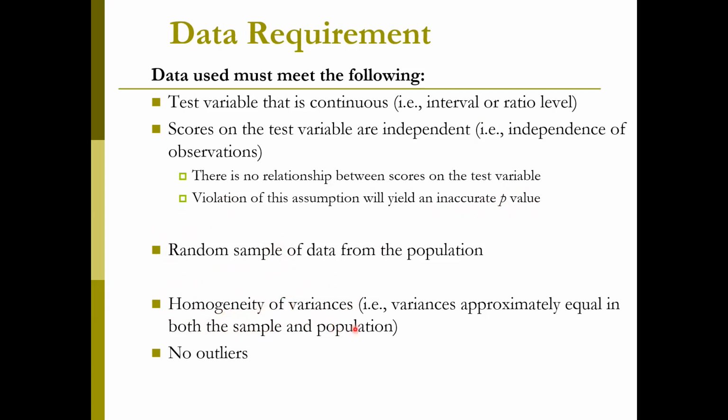That is, the variance is approximately equal in both the sample and the population. Remember the word sample. Remember population. And there are no outliers. This is not the first time we are going to make this point. So there are no outliers.